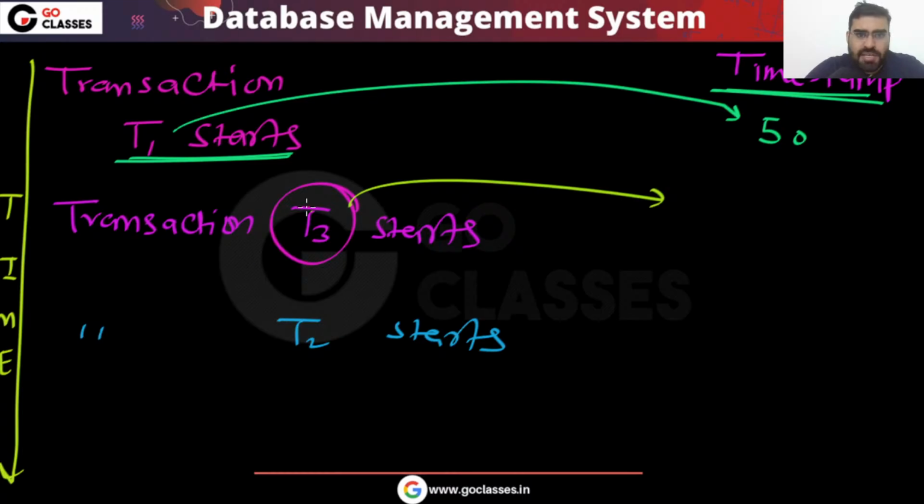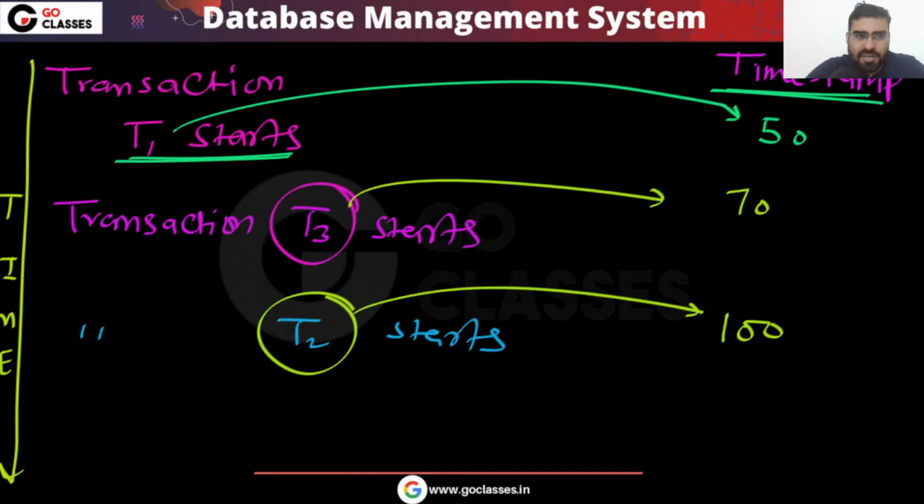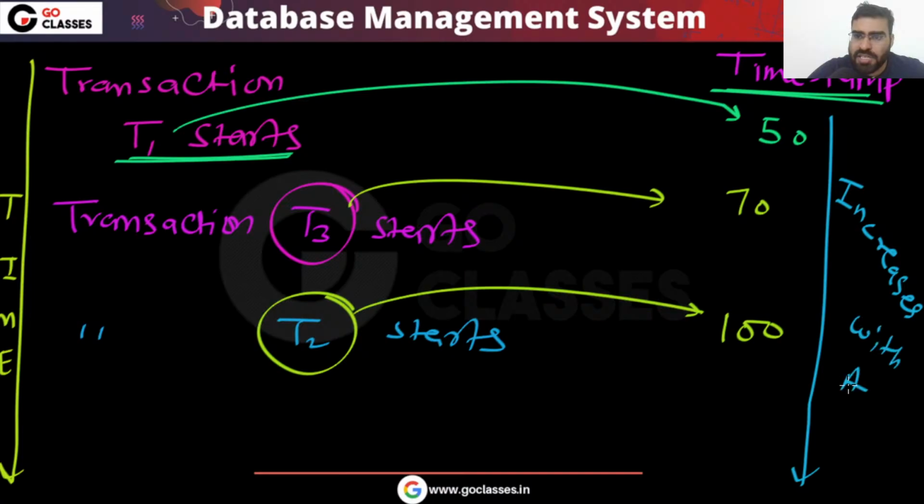So T3 will have maybe 70, then T2 maybe 100. The timestamp always increases with actual time.